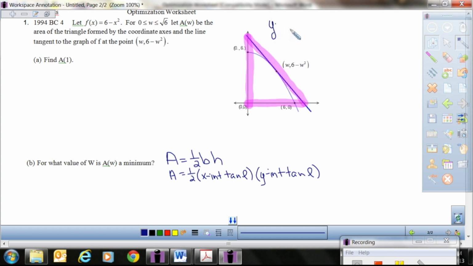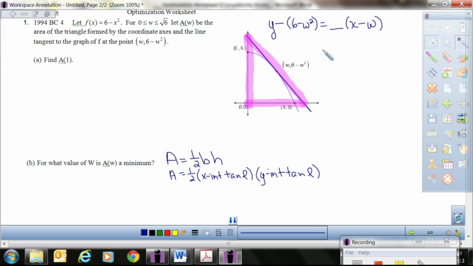So y minus the y value. I need a point, so I'm going to choose the point of tangency. That's my y value, equals, I'm going to come back to the slope in just a minute, x minus, and the x part of the point is w. Now I need to find the slope of this tangent line, and we know that the slope of the tangent line is the derivative.